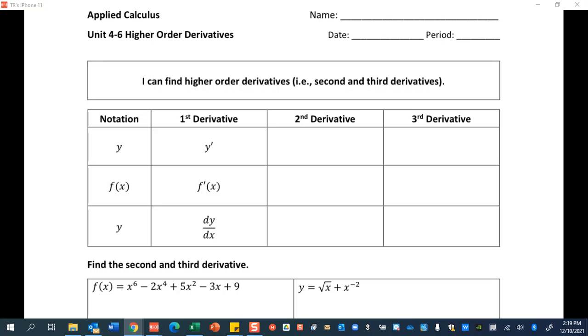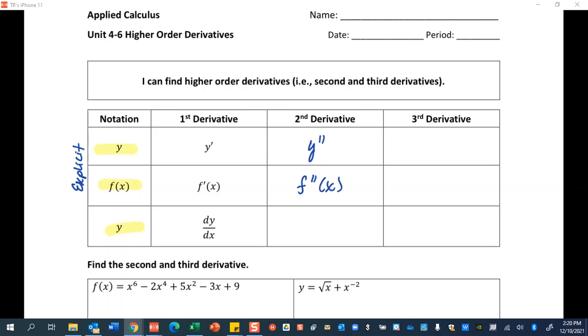Okay, first of all, let's talk about the notation. So we've got a number of different ways of talking about our functions. In our explicit functions, where y is solved for, our second derivative notation is just y double prime or f double prime of x.